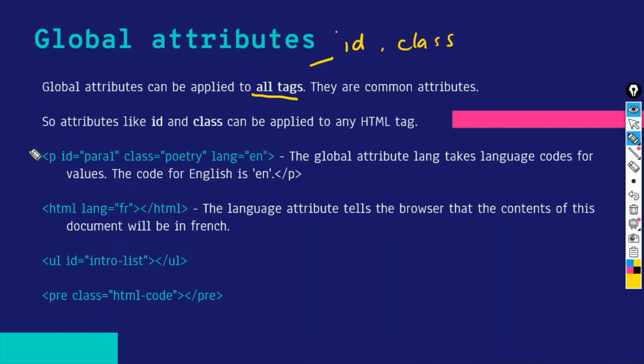In this example, the global attribute lang takes language codes for values. So the code here is en, that stands for English. And in this example, the language attribute, that is lang, tells the browser that the contents of the document will be in French.